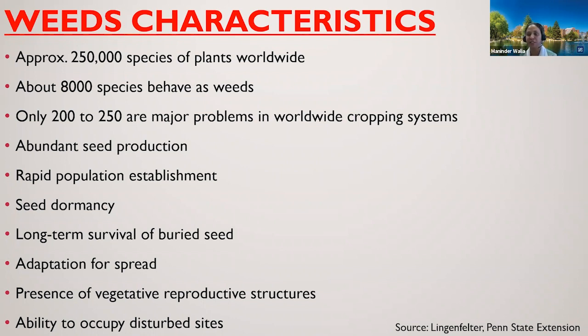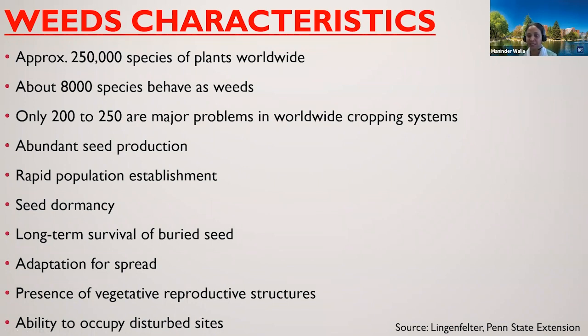Broadleaf weed seeds tend to last longer in the soil than grassy ones since they have tougher seed coats. They also have special adaptations for spread. They have certain mechanisms for easy dispersal of seeds, which include structures that let them fly or float.